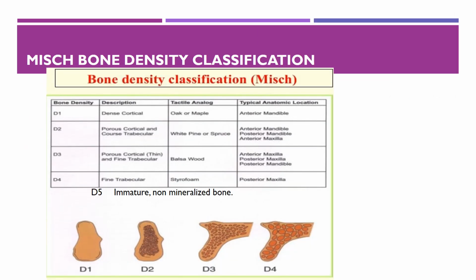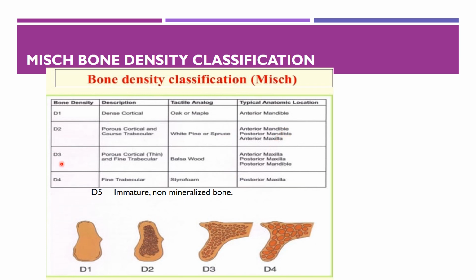Coming to the bone density, this classification has been given by Misch. This is very important for evaluating the bone quality. You can see that D1 is a dense cortical bone, like oak or maple wood, seen in the anterior mandible, whereas D2 is a porous cortical and coarse trabecular bone seen in the anterior mandible, posterior mandible and anterior maxilla.